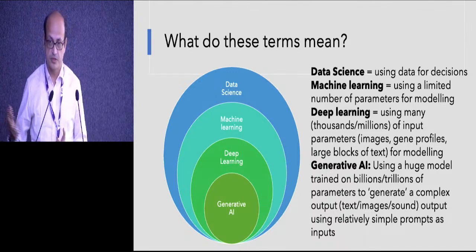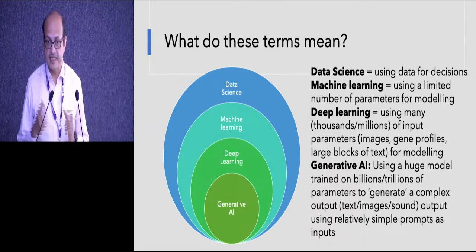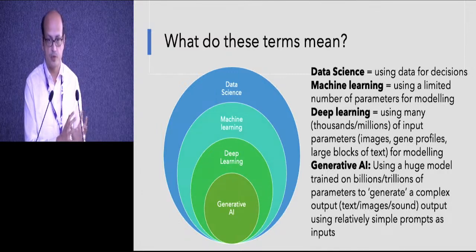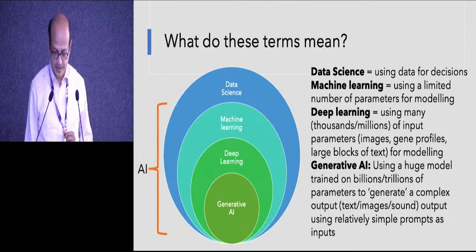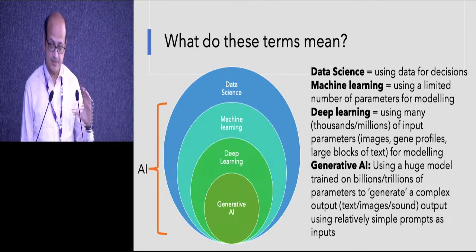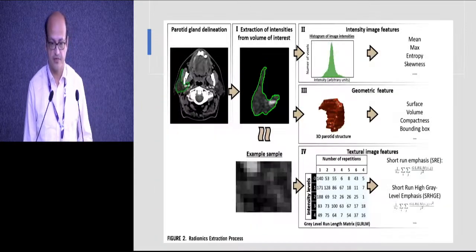Create an image, convert one line to an MRI, write a poem, write an essay. So that is creating something from a relatively small input, and that is known as generative AI. So with this background, let's proceed. Okay, so AI is a subset of data science that includes machine learning, deep learning, and generative AI.